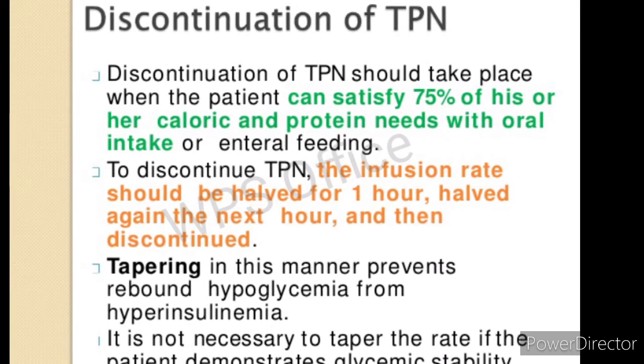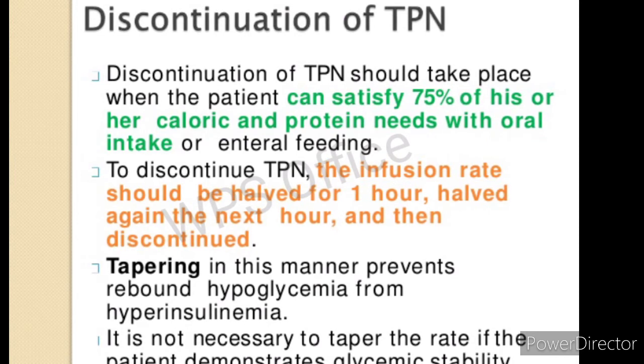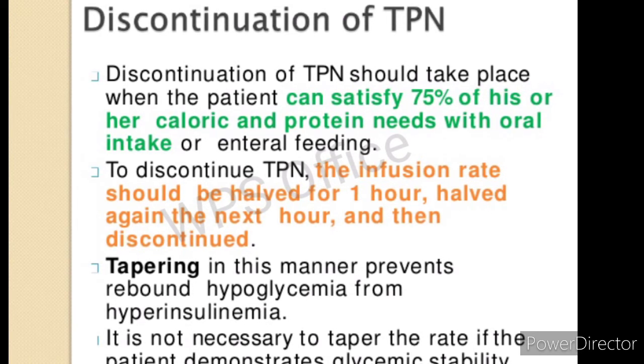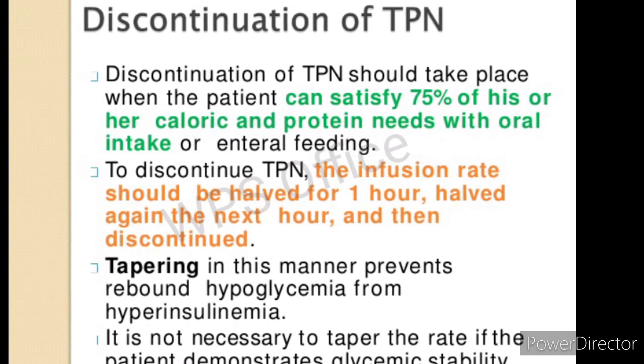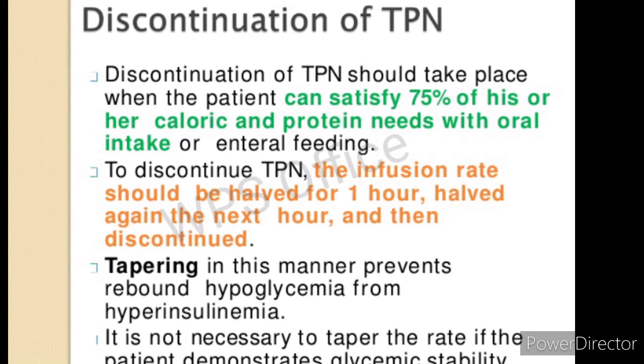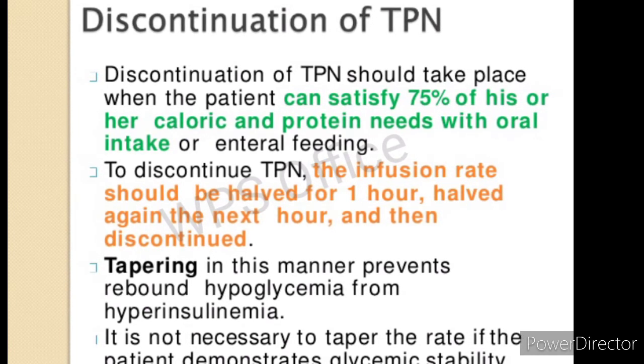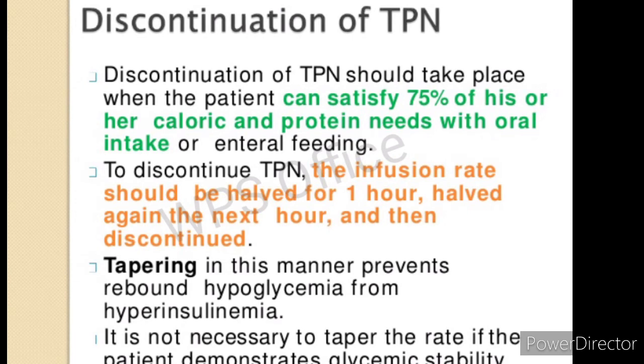After keeping 5 drops per minute for 1 hour, it should be discontinued. Tapering in this manner prevents a rebound of hypoglycemia and hyperinsulinemia.